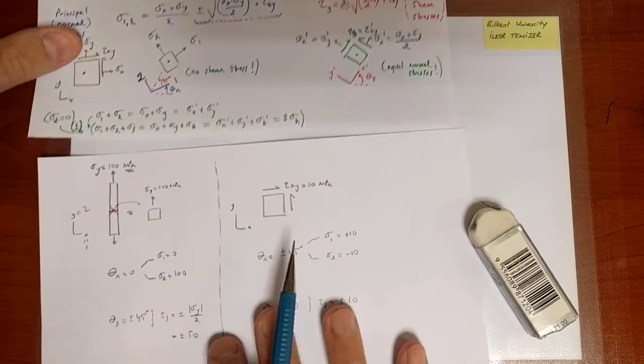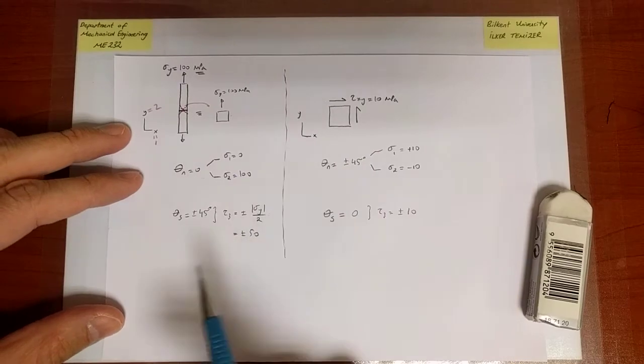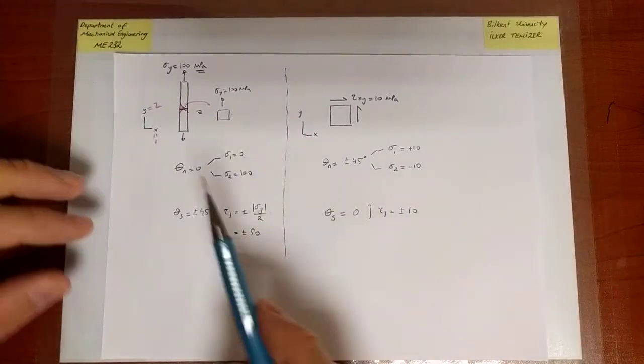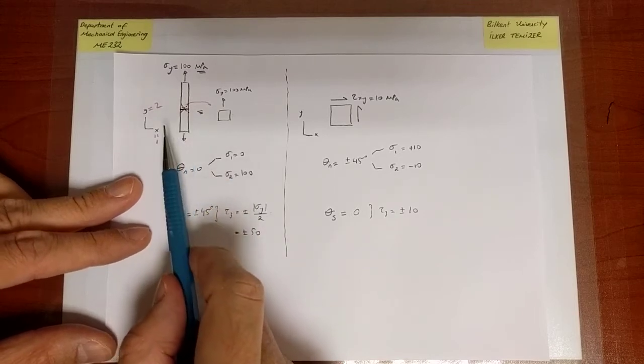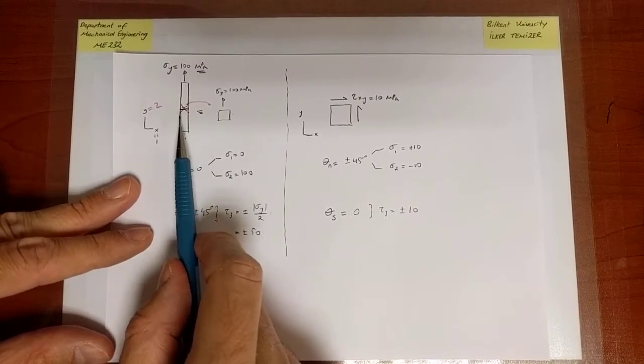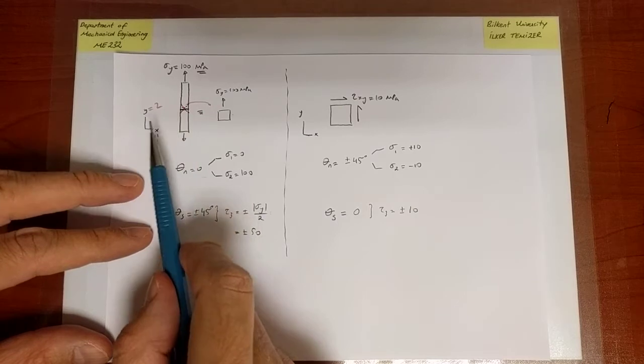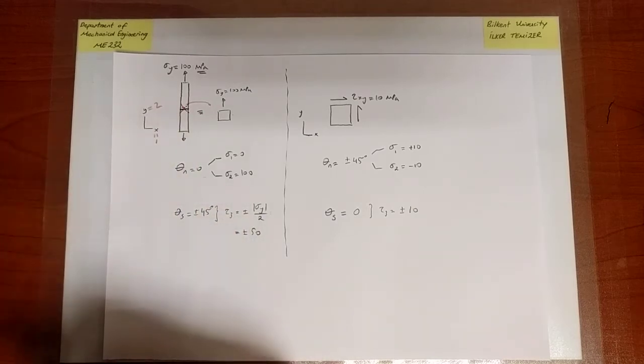These are cases of fundamental interest, and the reason is that this is a case of pure uniaxial loading. If the material were brittle, it will be sensitive to the plane on which the maximum normal stress eventually reaches some critical value.